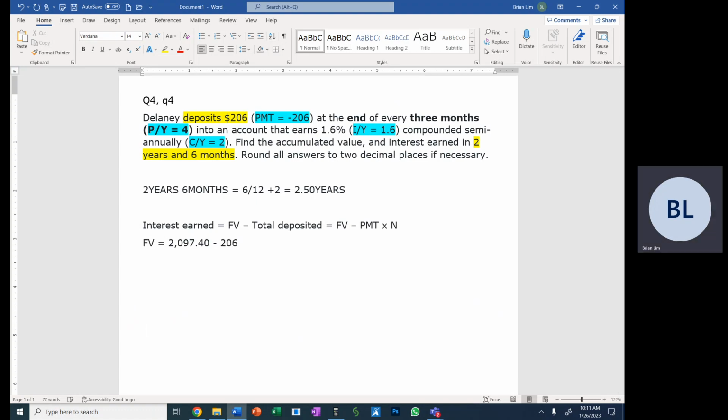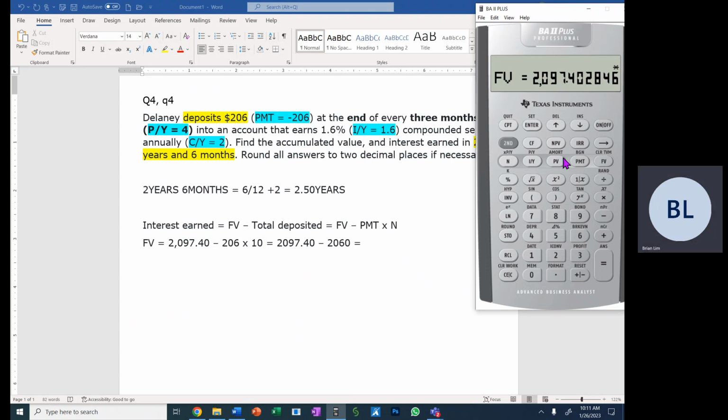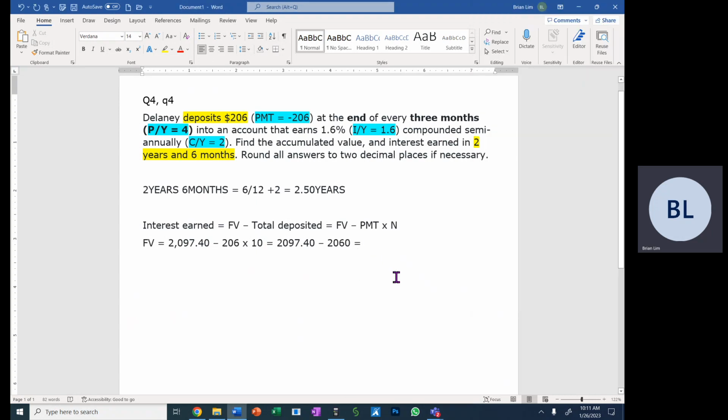So we will get what? 2097.40 minus 2060. And if we did that properly, let's see what we get. We make this positive, and then make it negative. All right, there we are. And then we subtract 2060, and we get the answer of $37.40.